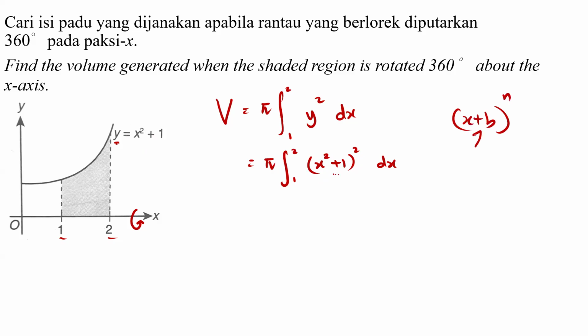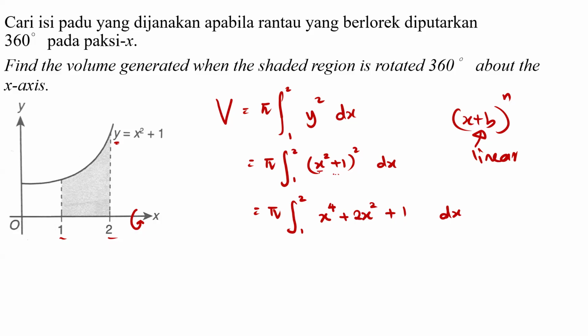It must be linear inside. If it is non-linear, sorry, we don't know how to integrate. So for this one, no choice, we have to expand it. So pi, I haven't integrated yet, so the integration symbol is still there. So we have x to the power of 4 plus 2x squared plus 1.